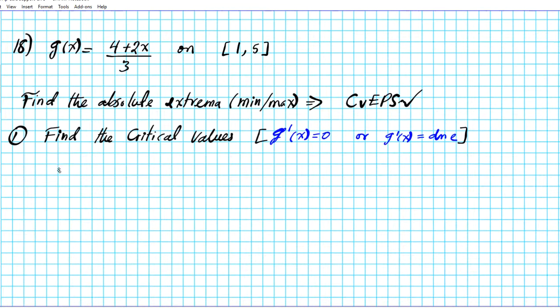Alrighty, so let's go ahead and find the derivative. The function is 4 plus 2x over 3. Now we want to find the derivative, g prime of x. Do we have to use the quotient rule here? We have the quotient of two functions.